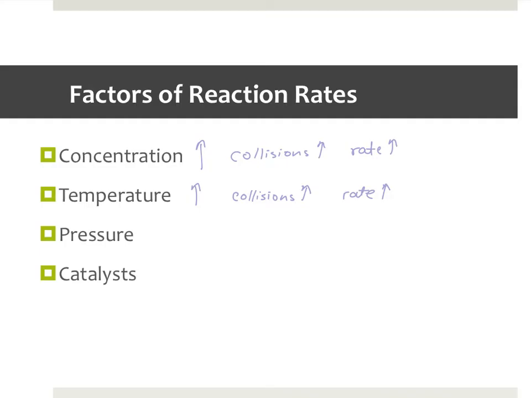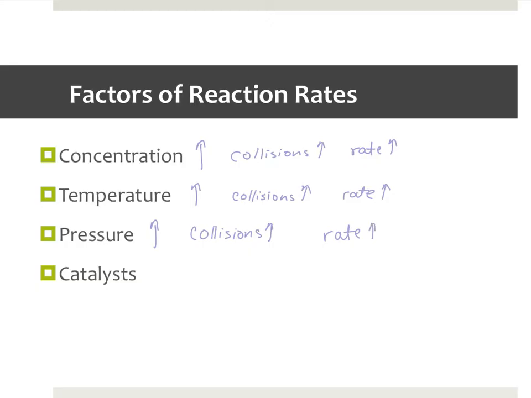Pressure here, if you press down, giving so little room and space for these particles, they're going to have a lot more collisions than before. If you give them little room and increase the pressure by pressing down on them, then you're forcing more collisions and therefore giving a higher reaction rate.